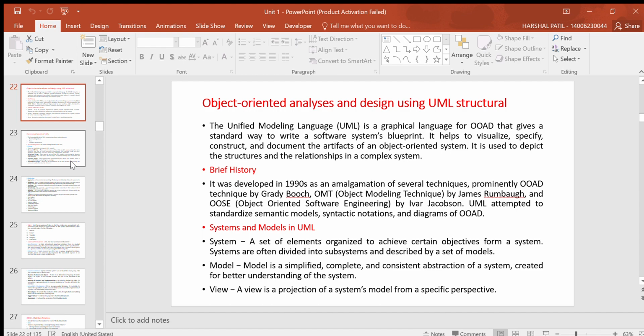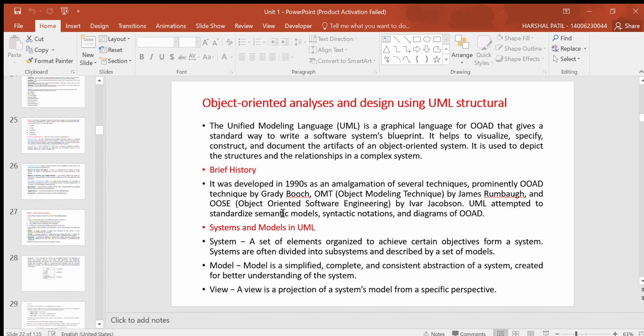UML attempts to standardize the semantic model, systematic notation and diagrams of OOAD, object oriented analysis and design म्हणतात त्याला.